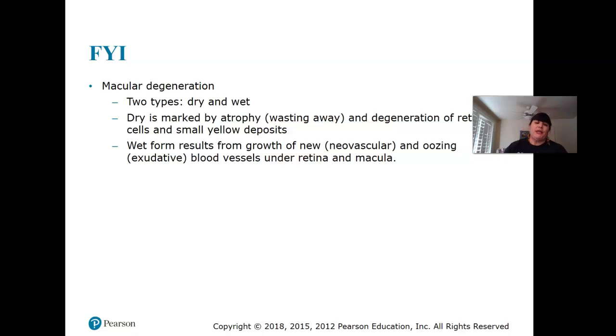Macular degeneration. Okay, that is another leading cause of blindness, okay? Two types, it says dry and wet. Dry atrophy, that's kind of wasting away, degeneration of the retinal cells. Okay, so the person's going blind and there's no fix for it.